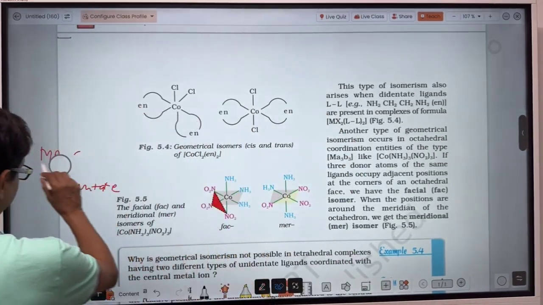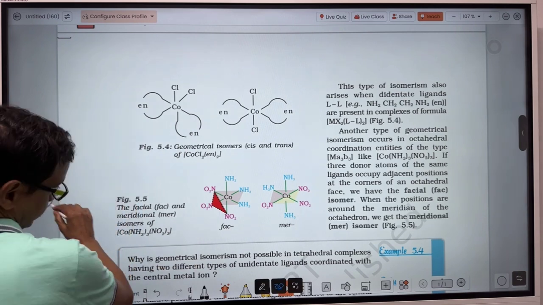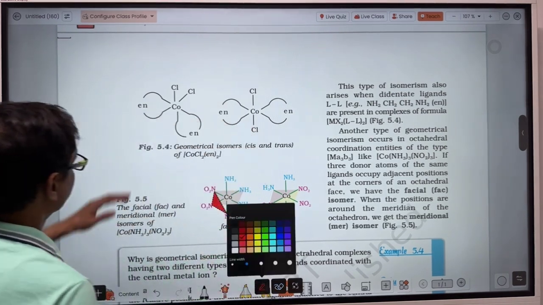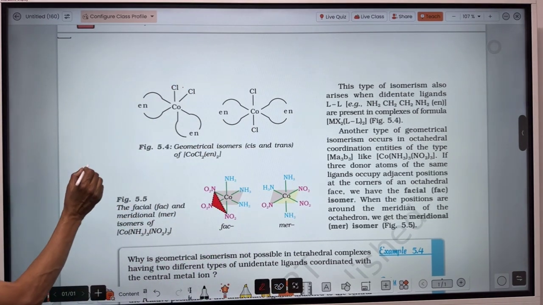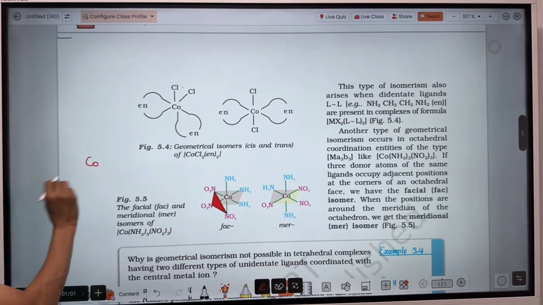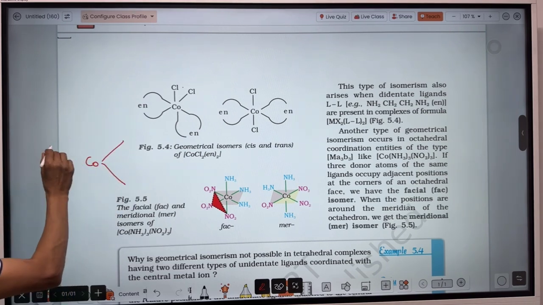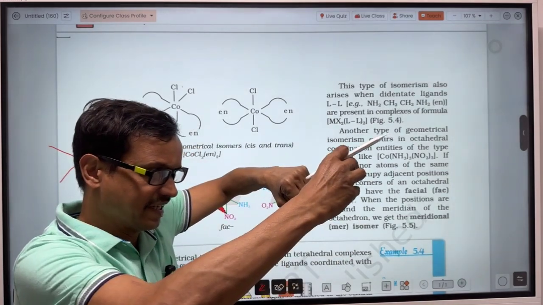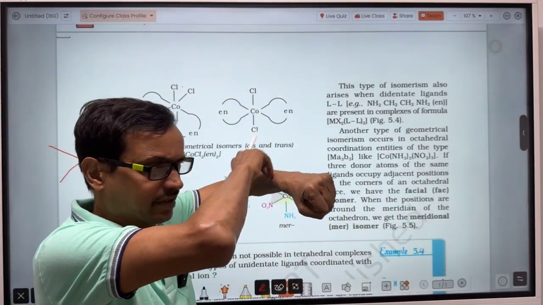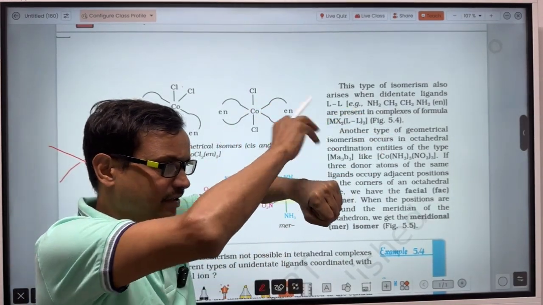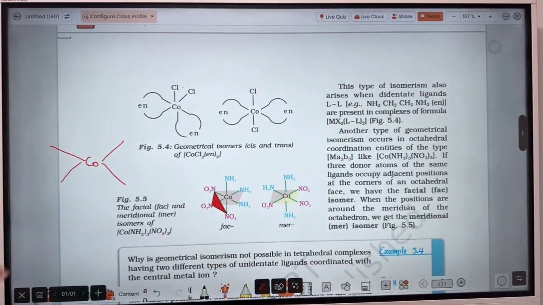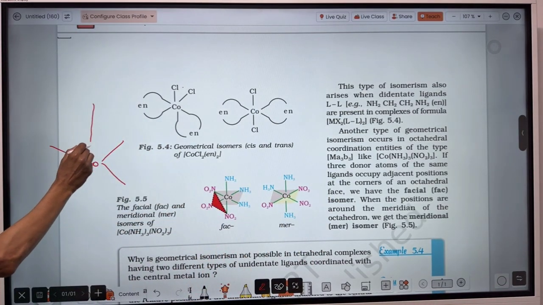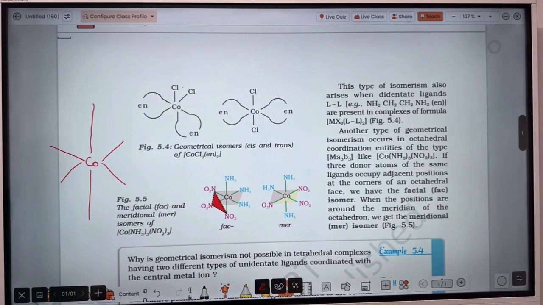Let's see here. I am drawing the diagram for this one. Suppose this compound. So actually what's the structure here? Here is cobalt, with four corners of the same plane: one here, one here, one here, and one here. That means four corners of a plane. And one is above and one is below.